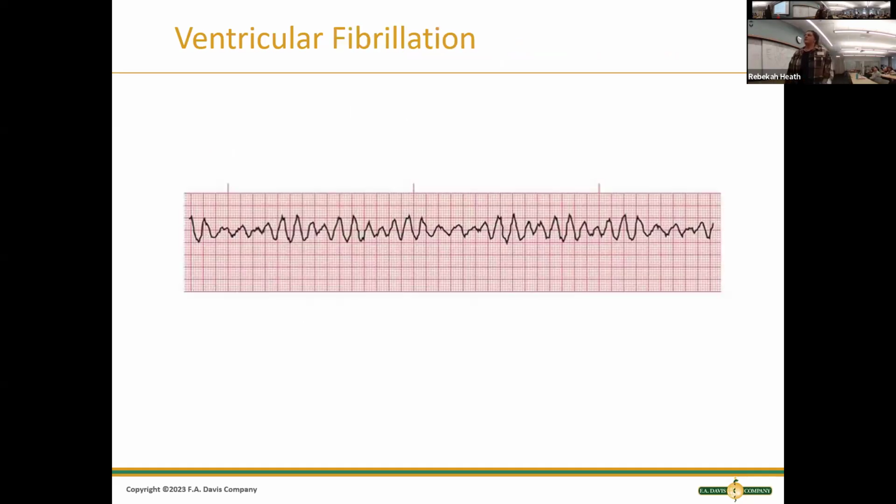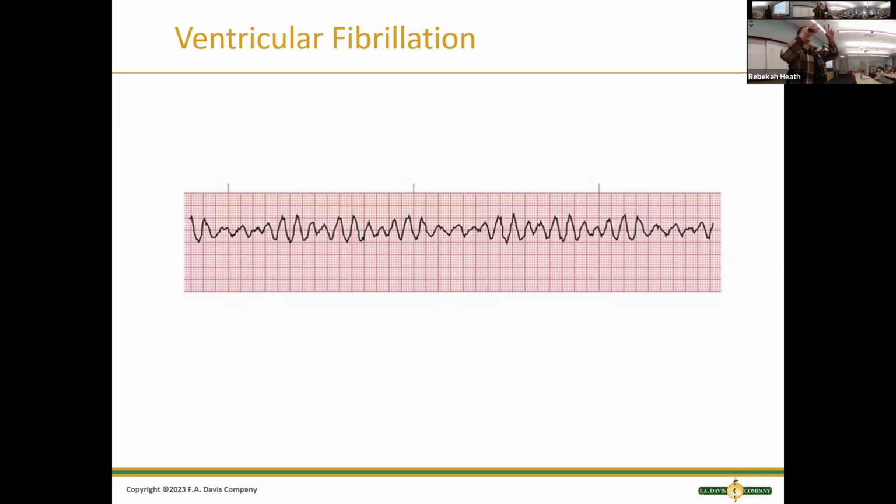This rhythm is called ventricular fibrillation. It kind of looks similar to AFib, where we have these QRS complexes, but they're a lot smaller. The reason I said it looks similar to AFib is that in AFib, you have the definite QRS complexes, but you have that little squiggly with the atria.